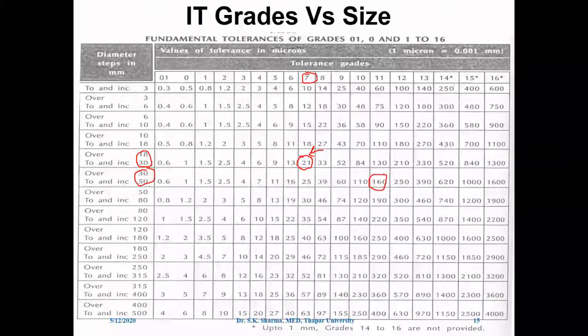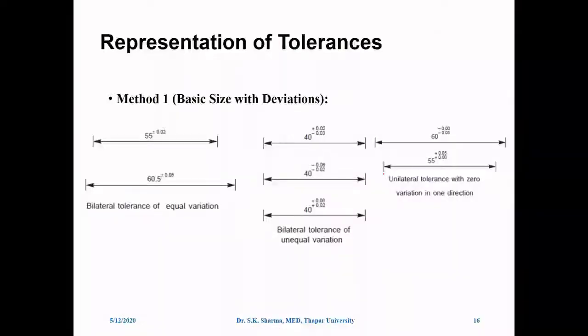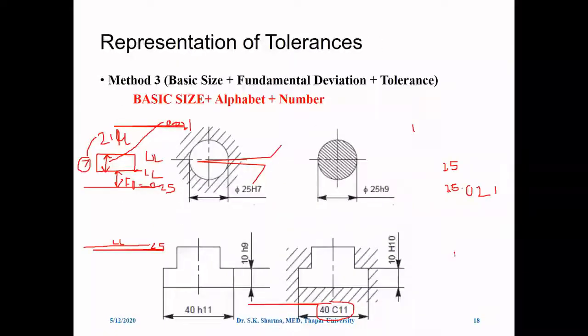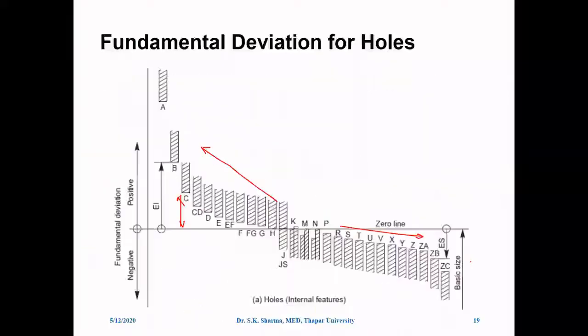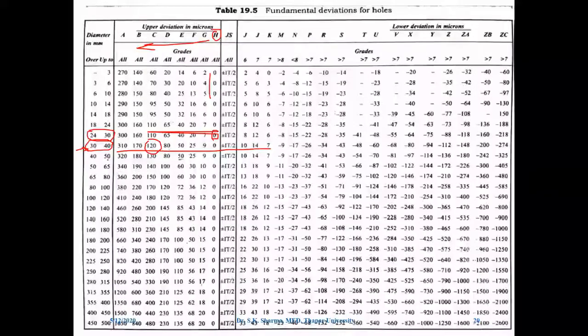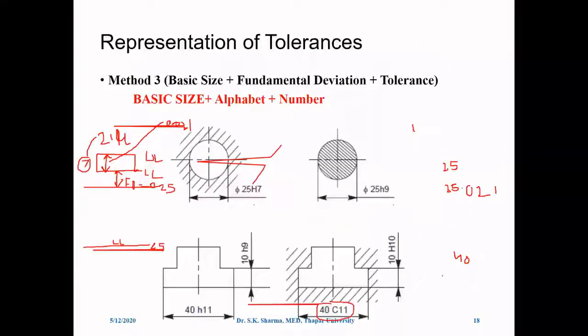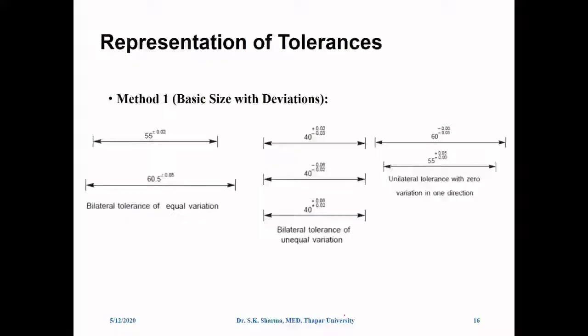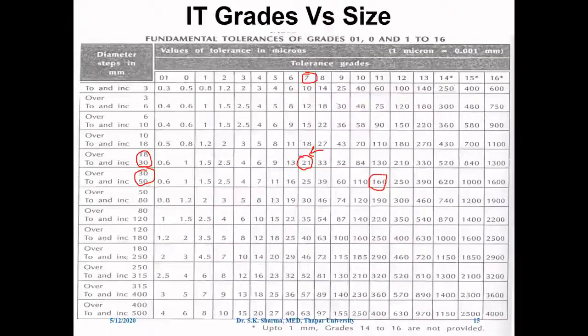Now you know three things. One, the basic size is 40. The fundamental deviation in this case, as we have seen from this table, is 120 microns, and that too plus. So the fundamental deviation is 120 microns, which means 0.12. And the third thing, from this number 11, is 160 microns.